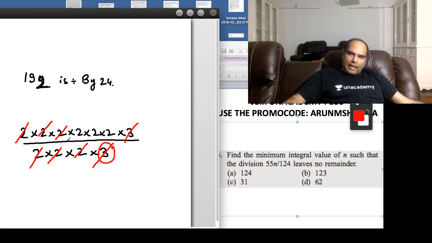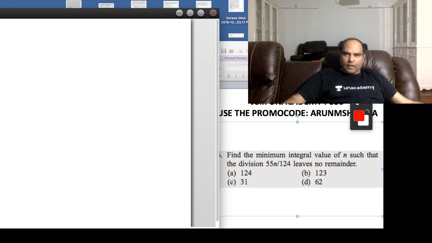So effectively what has happened is that divisibility happens when the complete denominator can be cancelled out with components of the numerator. And when you cannot cancel out the denominator with components of the numerator, divisibility will not happen. If you look at a different aspect of this, why is 60 not divisible by 24?